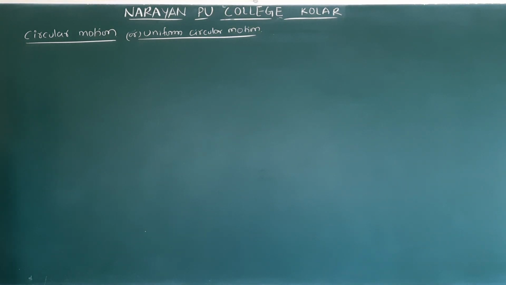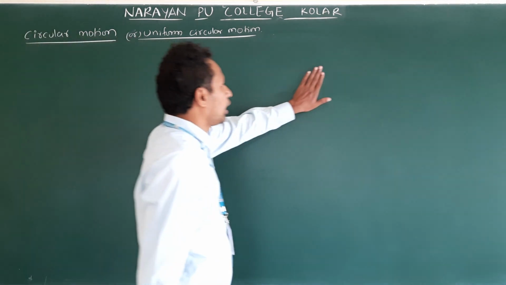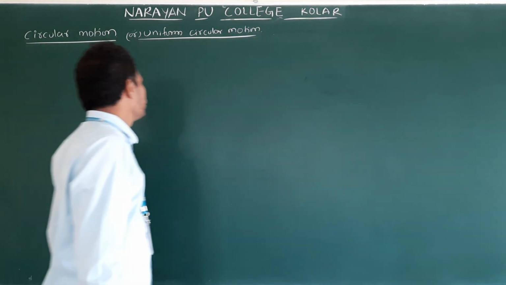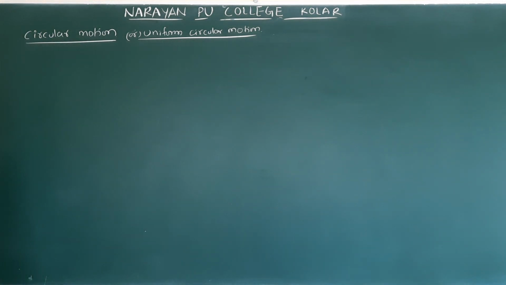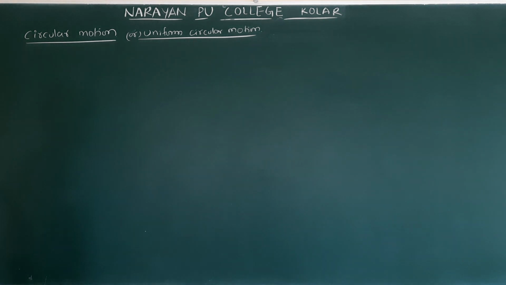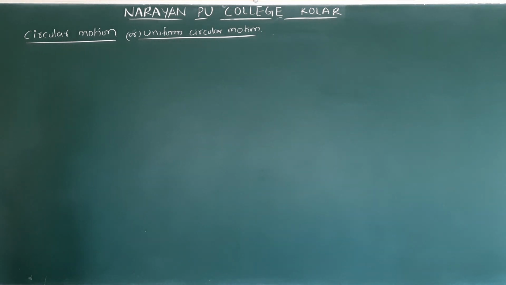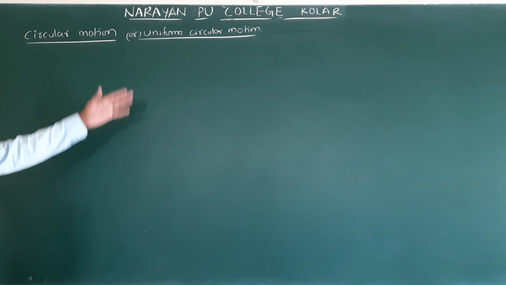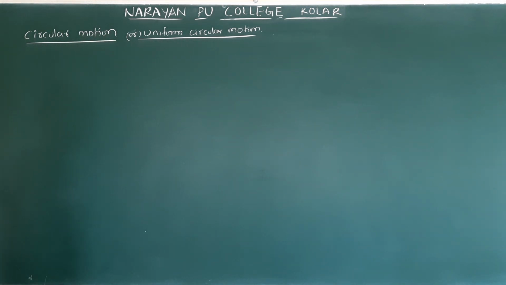Circular motion means an object moves around a fixed point in a circular path with a constant speed. That we call a uniform circular motion.